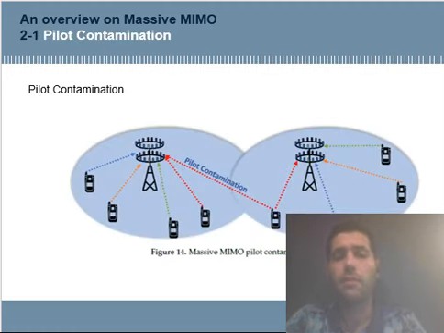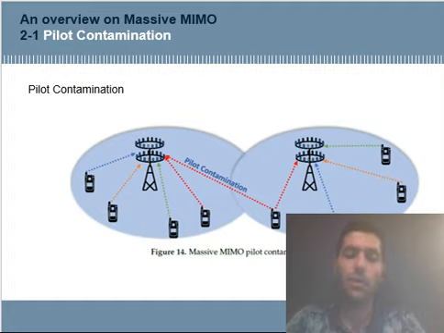Here we discuss pilot contamination. As we know, if the pilot signals in the home cell and neighboring cells are orthogonal, the base station obtains an accurate estimation of the channel. However, the number of orthogonal pilot signals in a given bandwidth and period is limited, which forces the reuse of the orthogonal pilots in neighboring cells.